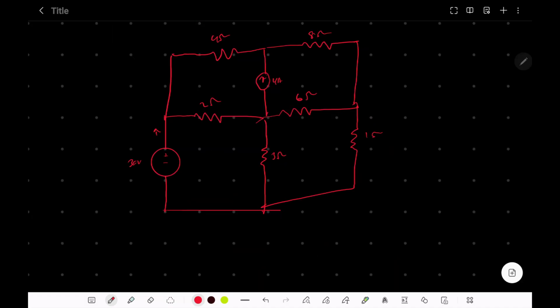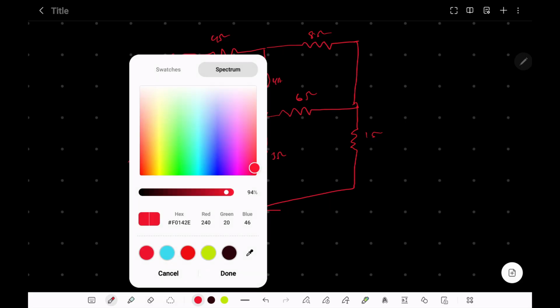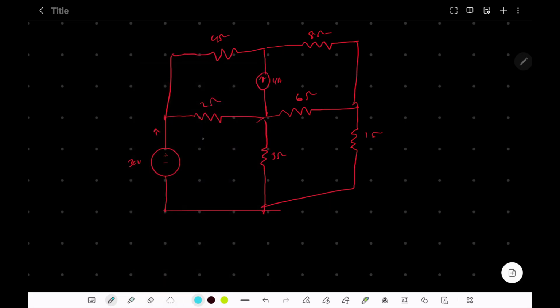Alright, looking at this problem, we're going to have 4 mesh currents, and so let's choose blue. We got 1 mesh current going through there, another mesh, and 1 more mesh. Let's call them I1, I2, I3, and I4.